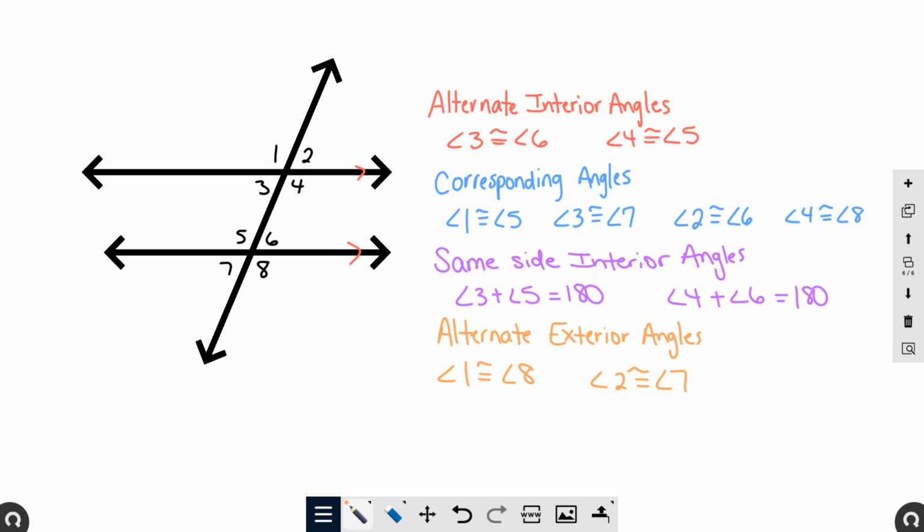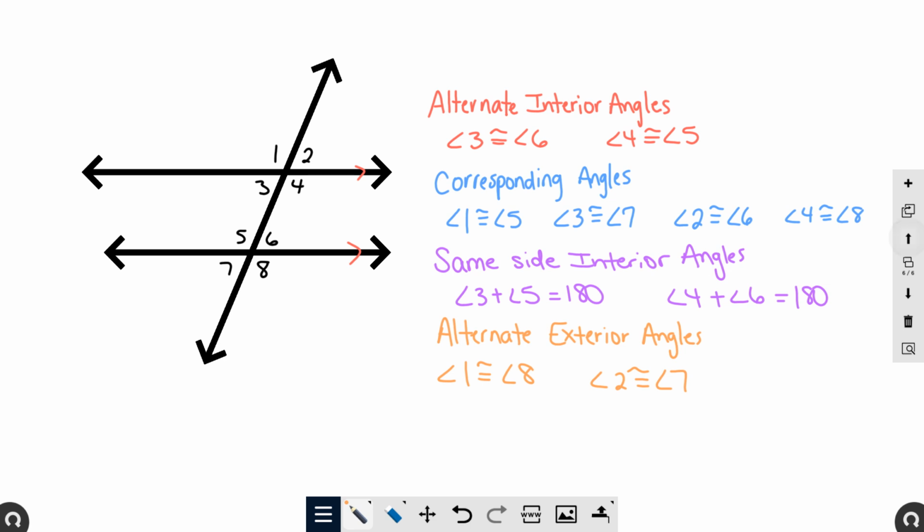Do you see vertical angles in this list? Nope, you cannot use vertical angles to prove that lines are parallel. Okay, do you see complementary angles in this list? Angles that add up to be 90. That cannot prove that lines are parallel. And although we use supplementary, we only use it when we talk about same side interior angles. So it has to be one of these 4 to prove that lines are parallel.